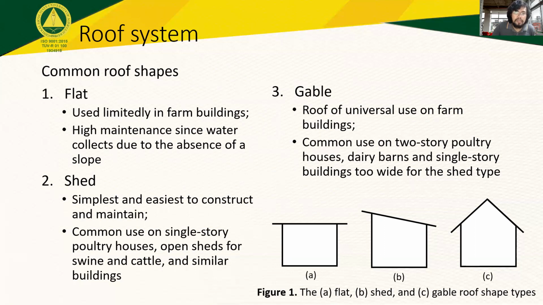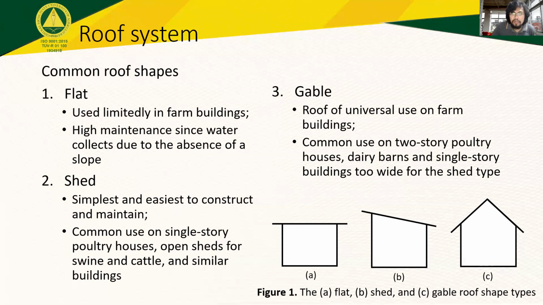Since there's a possibility of water ponding or collection, there's a possibility of high maintenance for this kind of roof shape. Next is the shed, and this is the easiest and simplest roof shape to construct and maintain, and thus this is commonly used in one-story poultry houses, open sheds for swine and cattle, and also some other buildings.